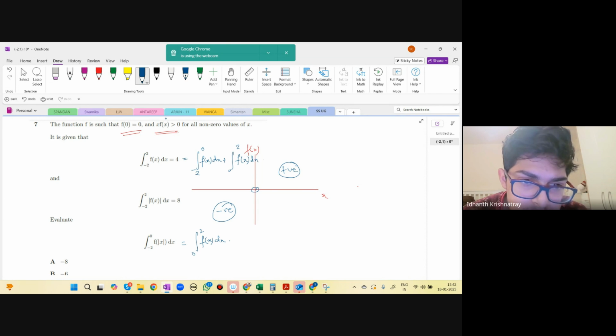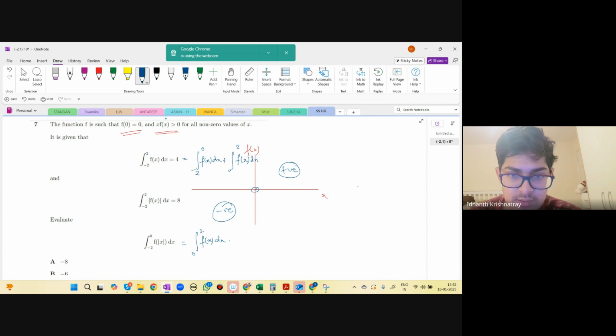Now, when I'm doing minus 2 to 0 fx dx, here x is negative, right? Fx is also negative, so I'm taking the modulus of that. So that means I'm making fx positive here.